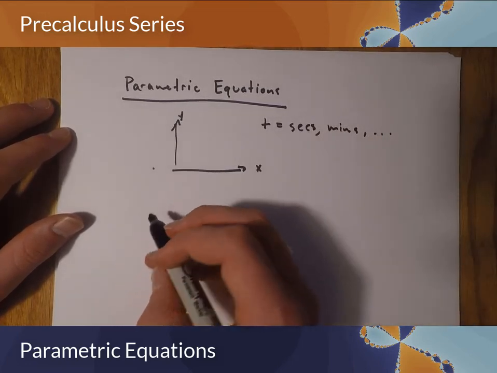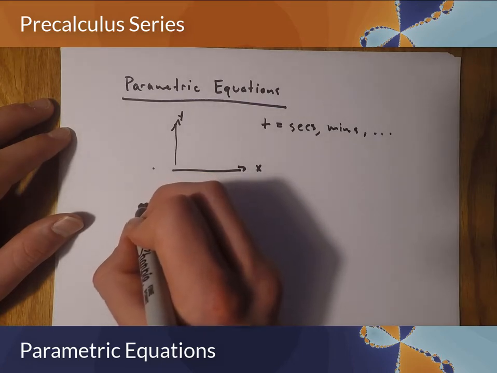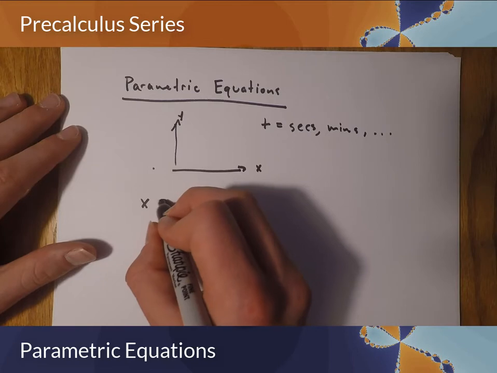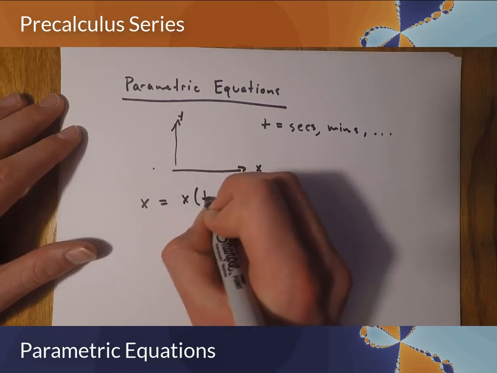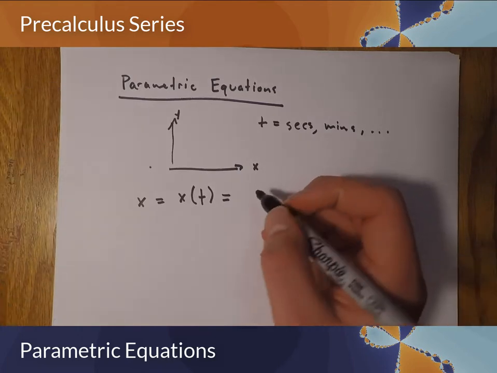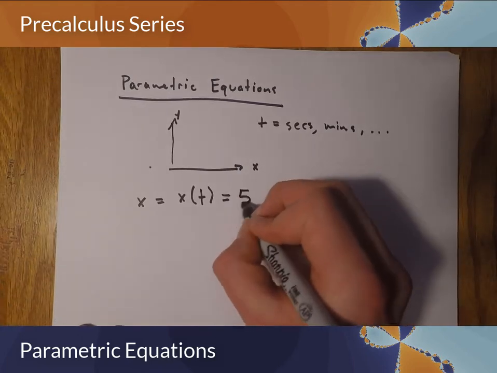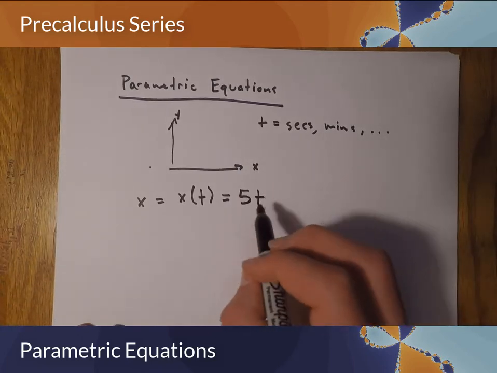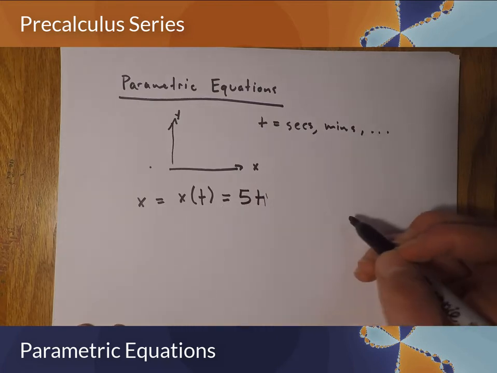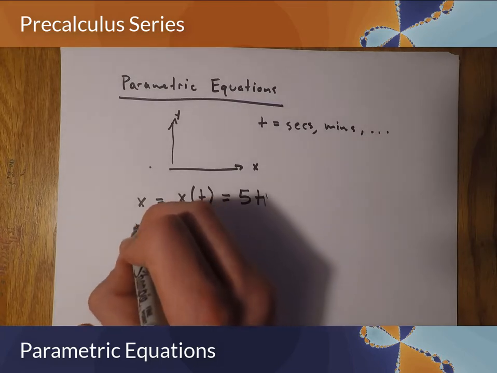All right? So to create a function for x, we just simply write it in relation to t. So x, and I'll write it in function notation too, because you'll see that sometimes: x of t. So maybe x of t might be equal to 5t, which means that every second it travels 5 in the x direction. And then you just do the same thing for y.